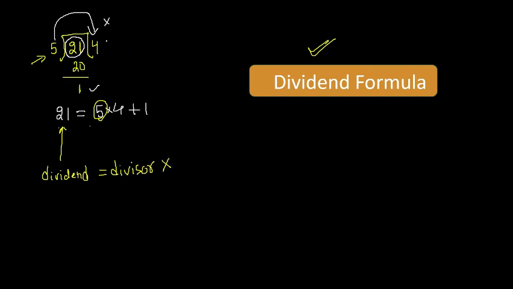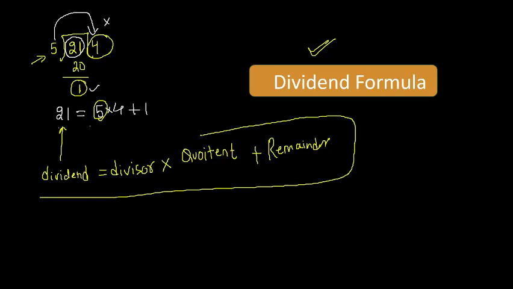The value we get on the right hand side is called the quotient, and the value we get below is the remainder. So this is your formula of dividend. Dividend is nothing but divisor into quotient plus remainder.